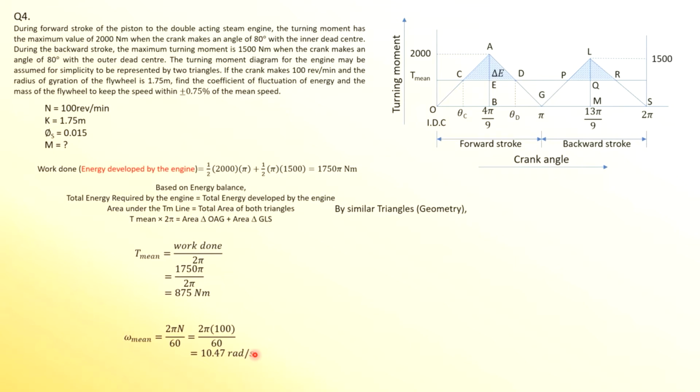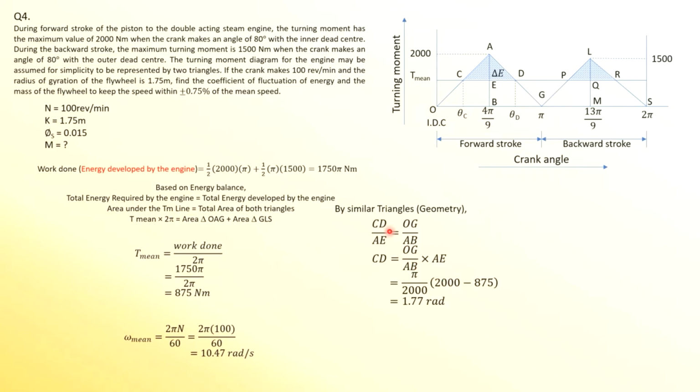By similar triangles, based on the geometry of the triangles, when we refer to these triangles, we can say this length AE divided by this length CD is equal to the length AB divided by the length OG. This we call similar triangles, based on the geometry chapter in your mathematics.